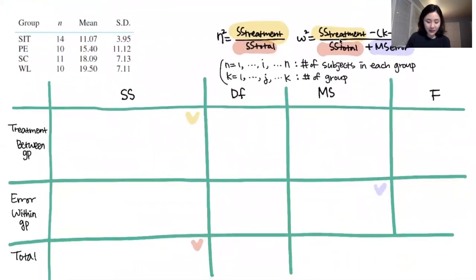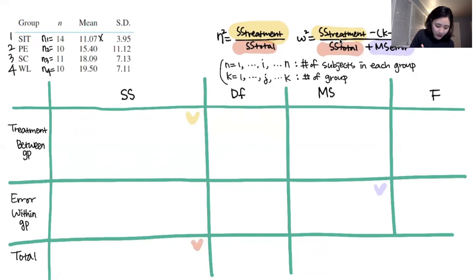This is the ANOVA table, and I copied this information from exercise 11.8. I will call group 1 SIT, then groups 2, 3, and 4. The number of subjects in group 1 is 14, and then groups 2, 3, and 4.